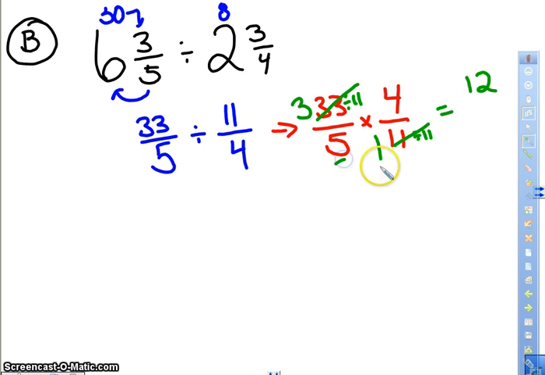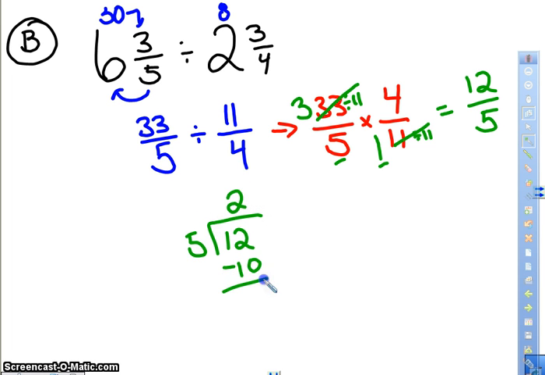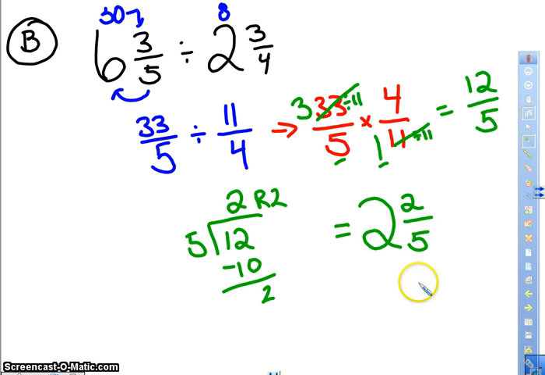I have 5 times 1, which is 5. So I want to change this to a mixed number by dividing. So 5 goes into 12 2 whole times with a remainder of 2. So my answer is 2 and 2 fifths. Okay, 2 and 2 fifths.